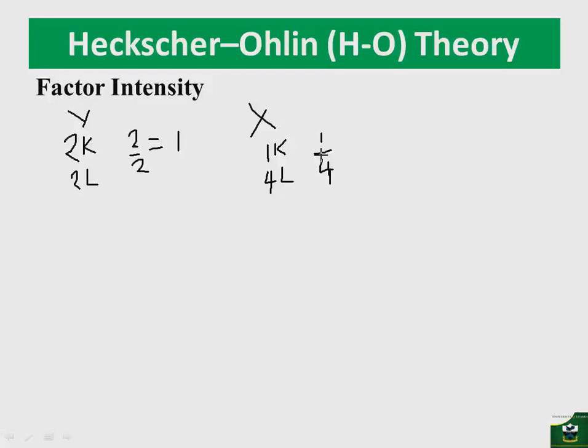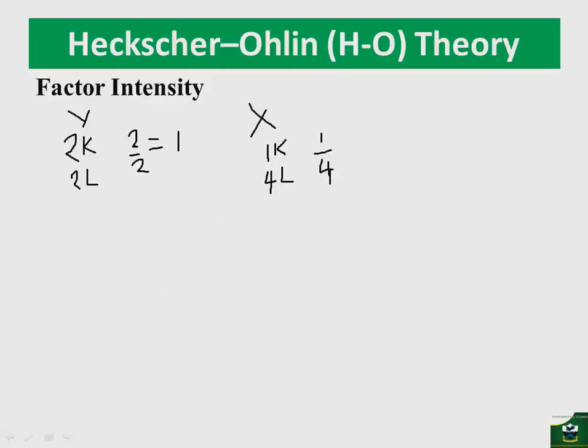This means that commodity Y is capital intensive while commodity X is labor intensive. So we will use the theory and the assumption we made when we were looking at comparative advantage, that since commodity Y is capital intensive, then commodity X should be labor intensive.